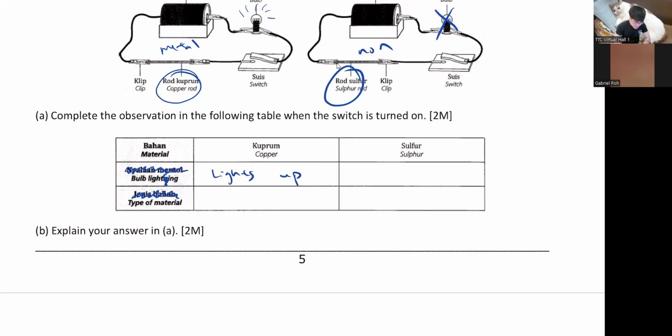Whereas sulfur, it does not light up. So the type of material, as I wrote in the question: copper is a metal, sulfur is a non-metal.